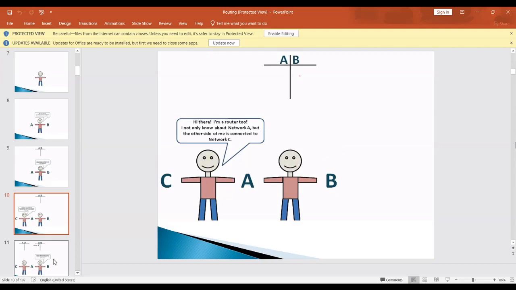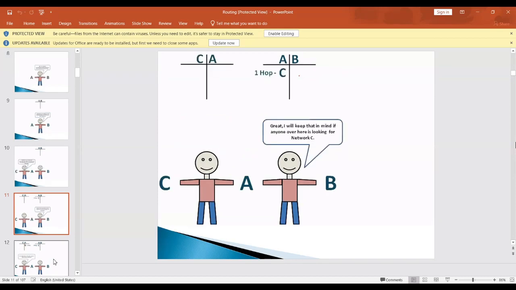Here there's another router. He also reacts the same way: I not only know about network A, but the other side of me is connected to network C. So likewise, they share their information, and they utilize this information to send data packets from one source to another destination.